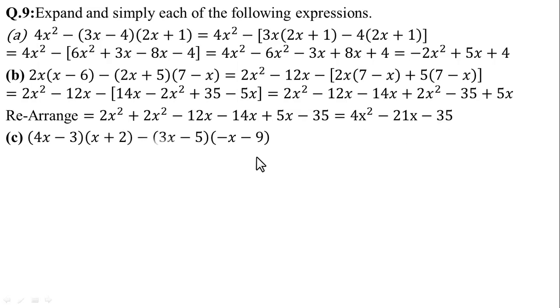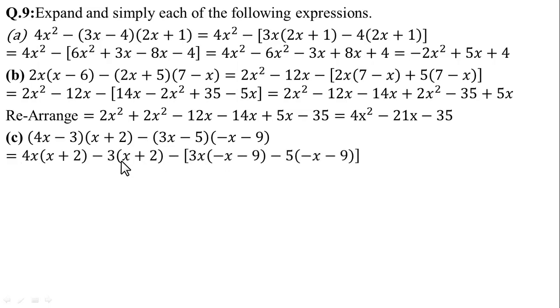In part C we have (4x minus 3) into (x plus 2) minus (3x minus 5) into (minus x minus 9). Now multiplying both terms: 4x into (x plus 2) minus 3 into (x plus 2) minus [3x into (minus x minus 9) minus 5 into (minus x minus 9)].